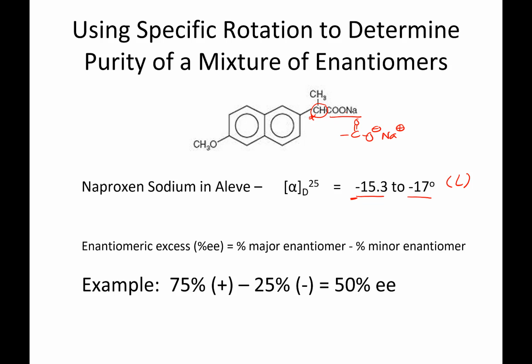Now, you can use this specific rotation and actually measure the rotation of a product and determine what its percentage of R and S or its percentage of D and L is. It really should be D and L that we're determining the percentage of. And that's if we use a concept called enantiomeric excess, which is in the book. Basically, the enantiomeric excess of a mixture is the percent of the major minus the percent of the minor. Okay?